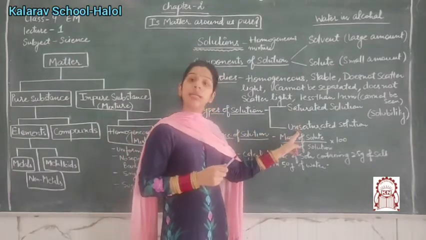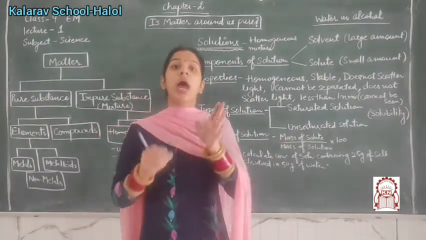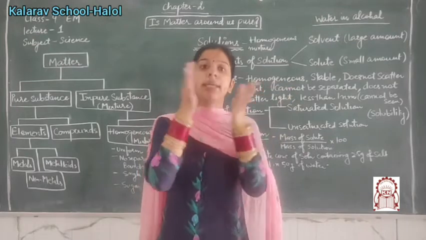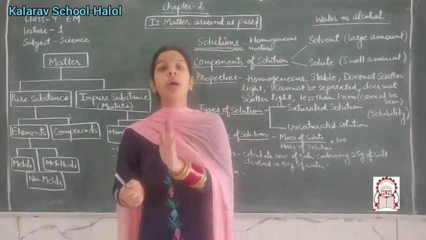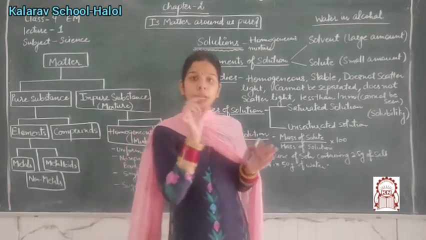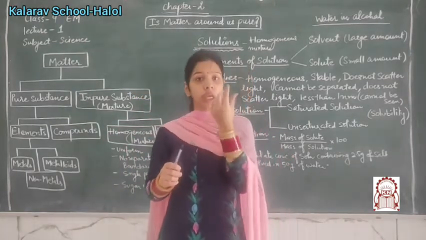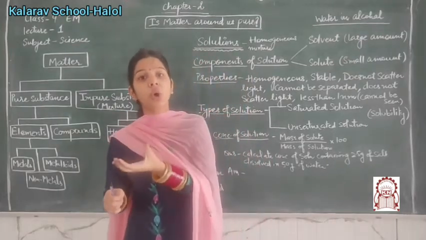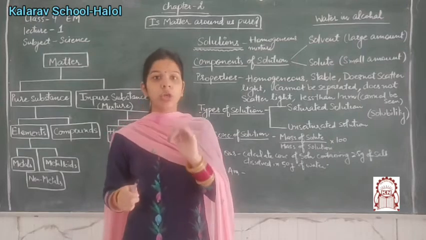So saturated solution and unsaturated solution are directly dependent upon the solubility. So firstly you have to know about the solubility. Solubility is defined as the amount of solute in grams that is dissolved in 100 gram of solvent. That is called solubility.